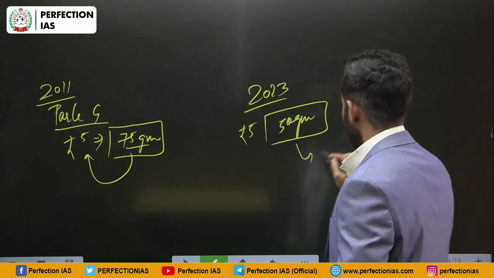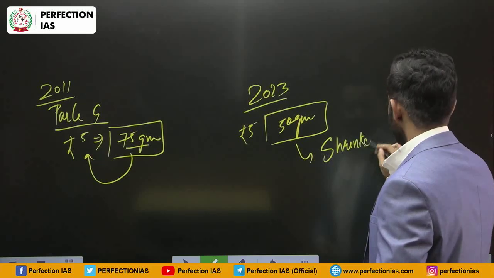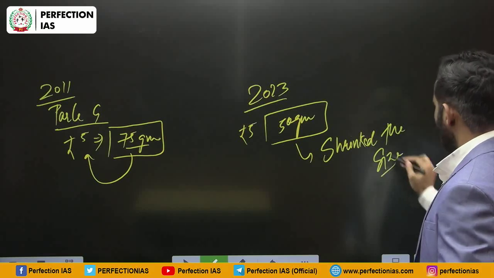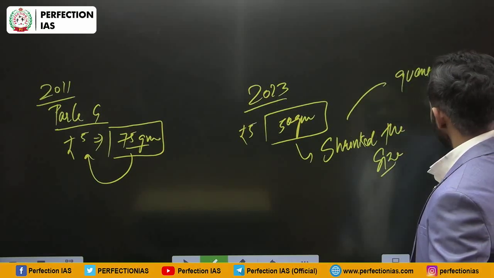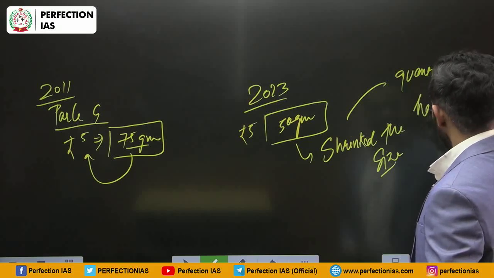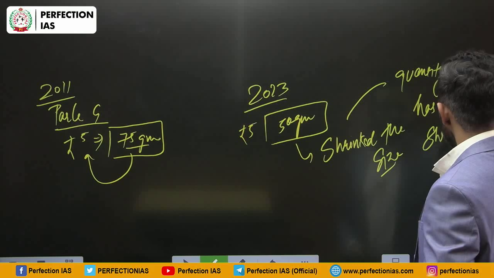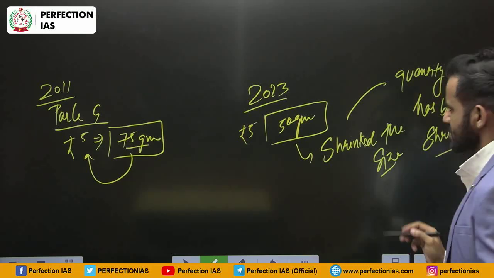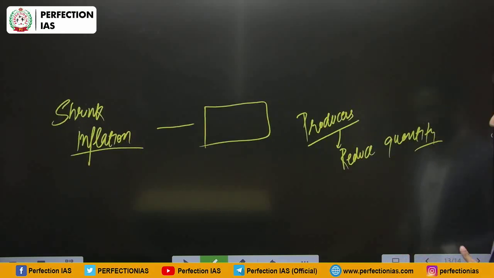So they have shrunk the size, the quantity has been shrunk. So this is an example of shrinkflation. We have covered skewed inflation and shrinkflation.